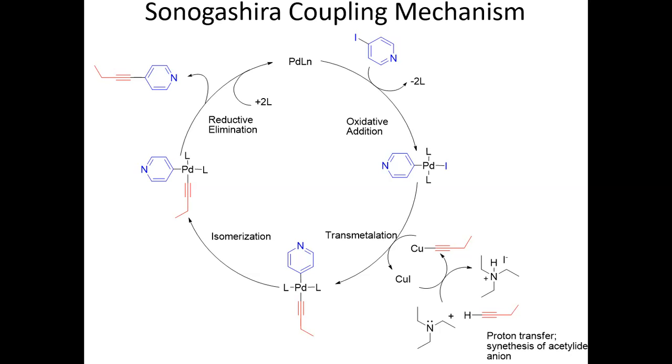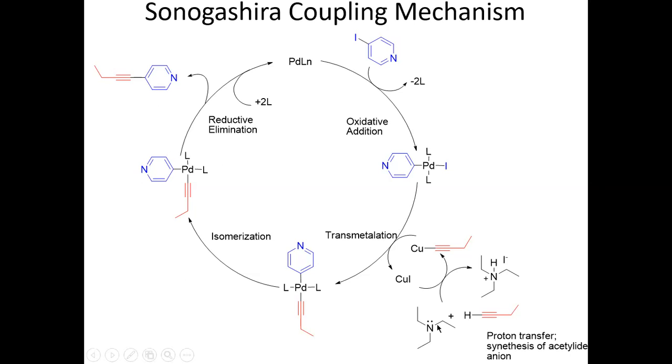But in this particular case, it does the transmetallation with palladium with no problem, right? And then you isomerize to get to here. And then once it's isomerized, you can do that reductive elimination, regenerate the catalyst, and start over.